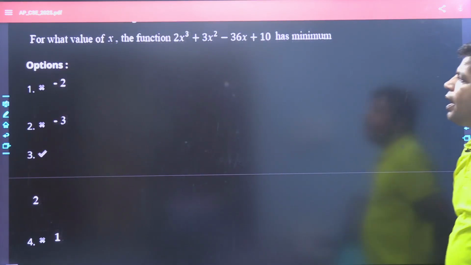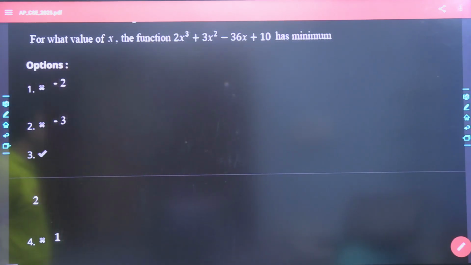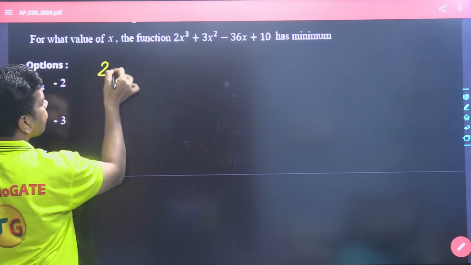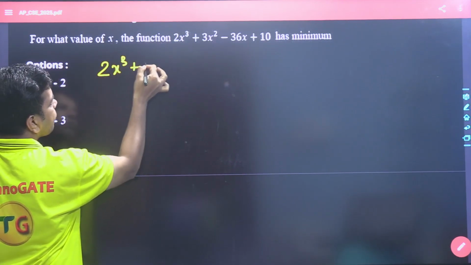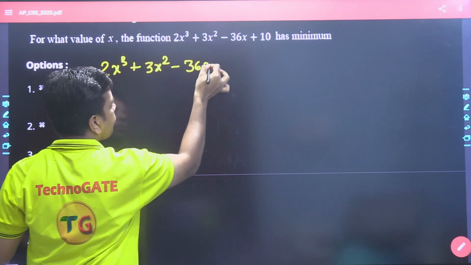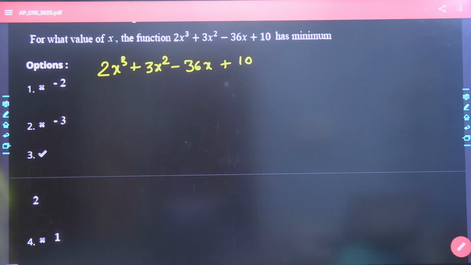For what value of x does the function 2x cube plus 3x square minus 36x plus 10 have a minimum?